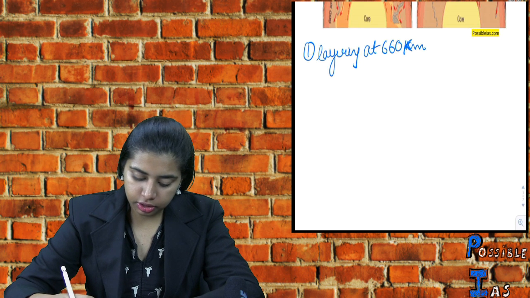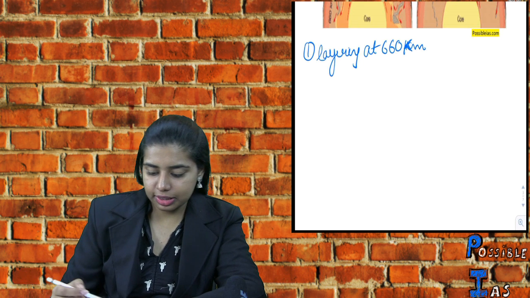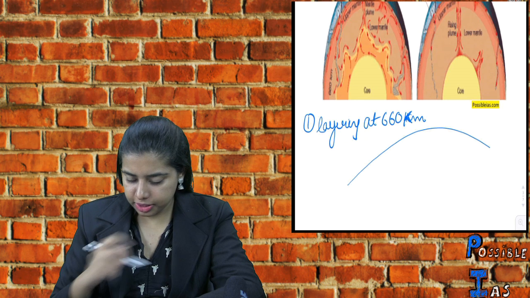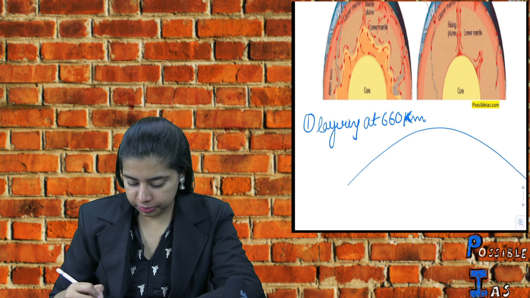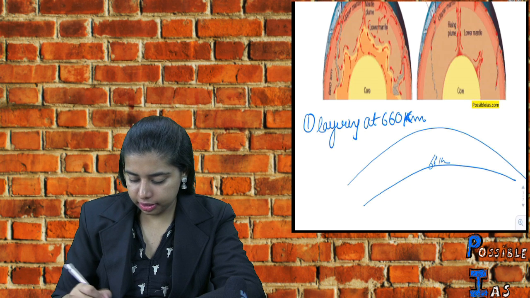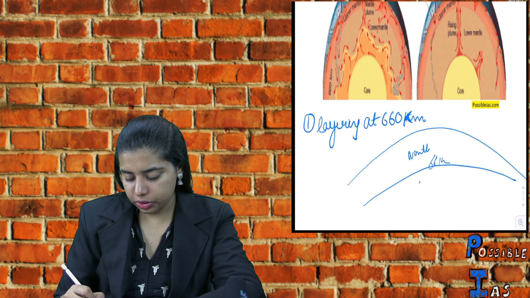So this is what they found out. So the first theory was layering at 660 kilometers. What they said was, this is the core, this is the crust, this is the 660 kilometer boundary, and here also you have the mantle, and here also you have the mantle.